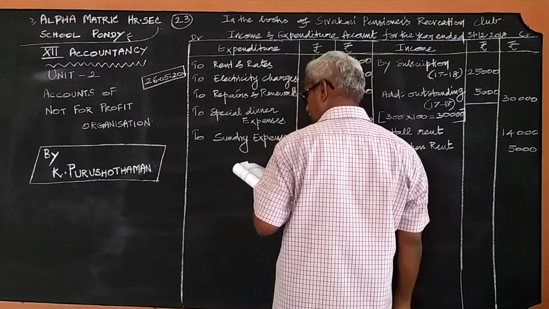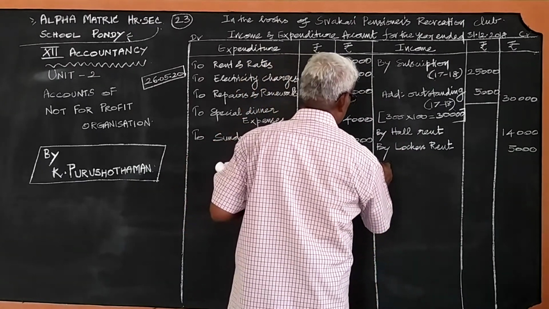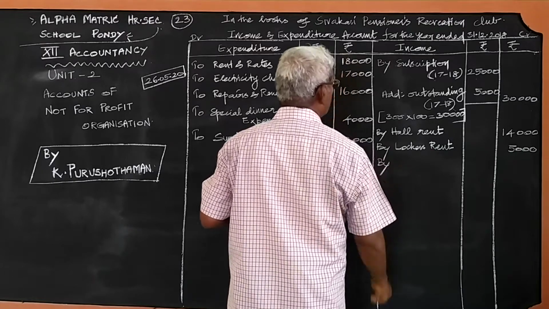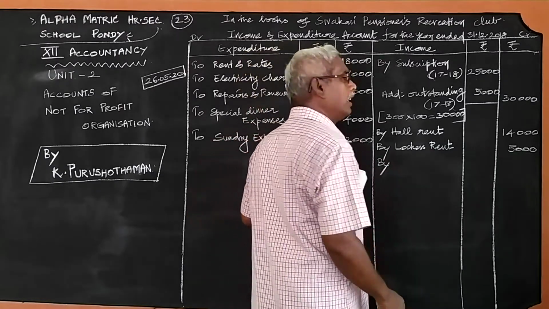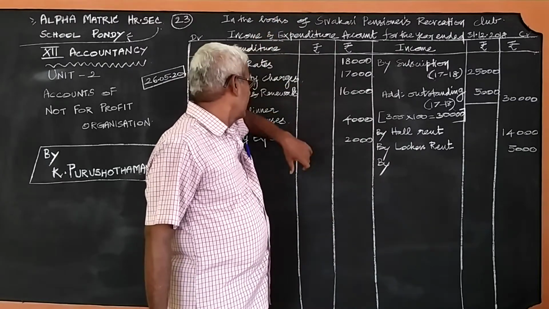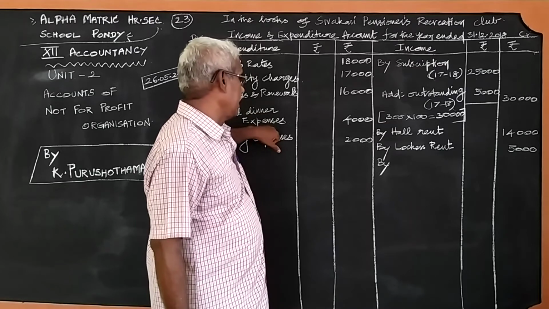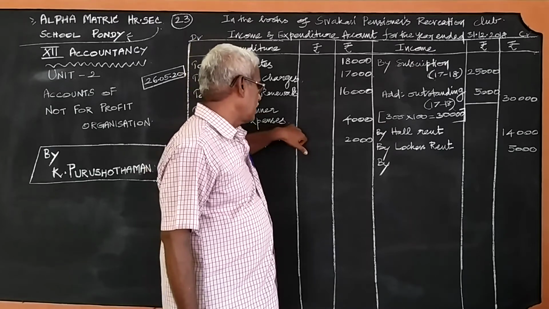Then the next one, collection for special dinner. To conduct a special dinner, some amount has been collected. From that collection, some amount has been spent. That is special dinner expenses.